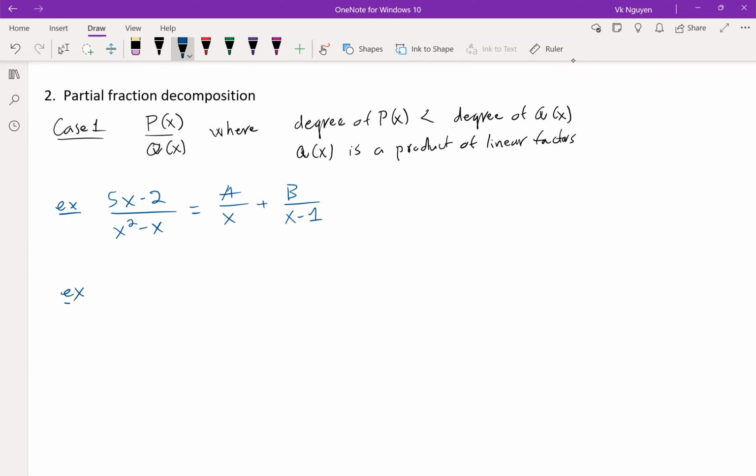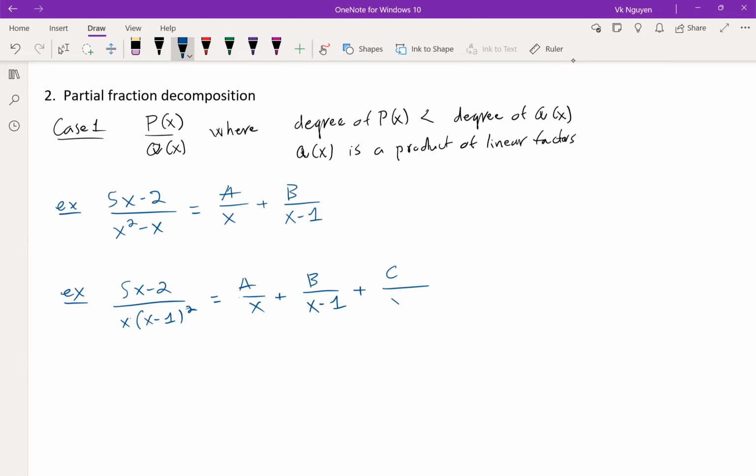And in case we have a linear factor that is repeated, such as (5x minus 2) over x times (x minus 1) squared, then this would be A over x plus B over x minus 1, and we need to have another factor of (x minus 1) squared.